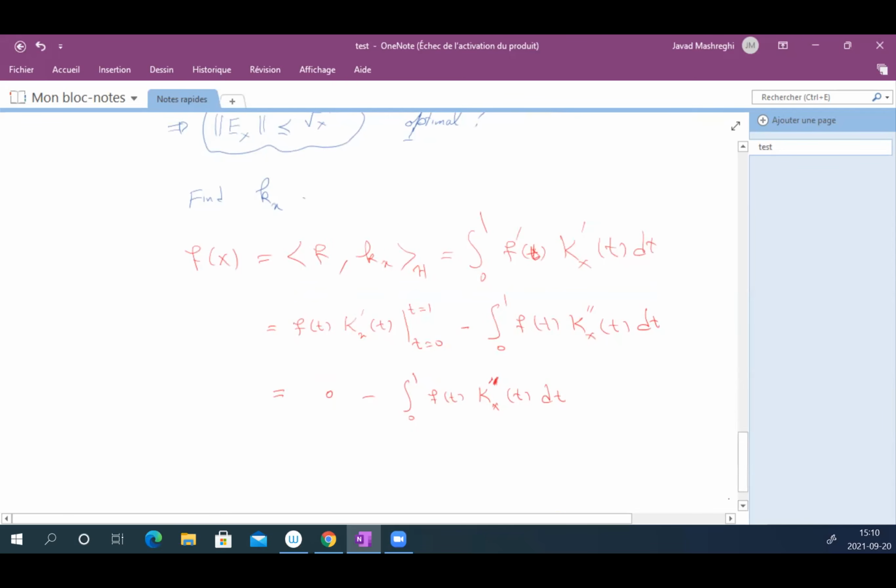It seems there is a problem, because this is equal to f of 1 kx prime at point 1 minus f of 0 kx prime at point 0, minus the rest.